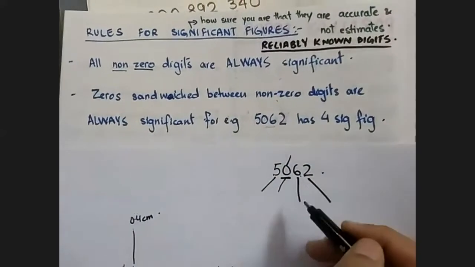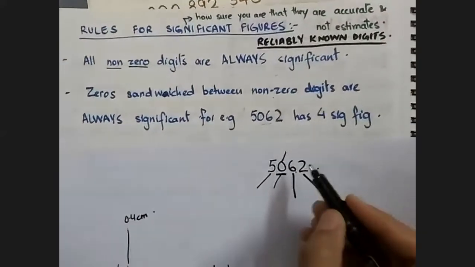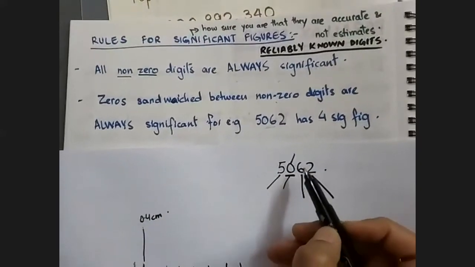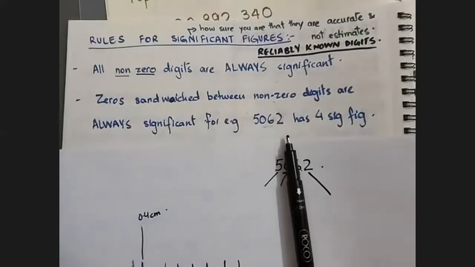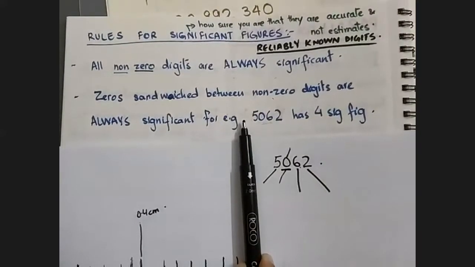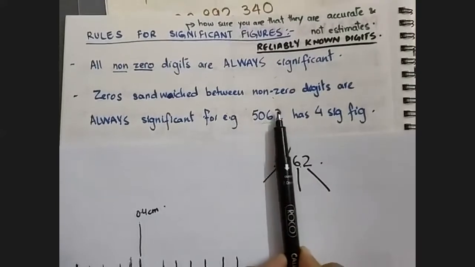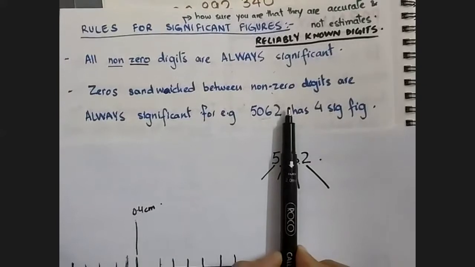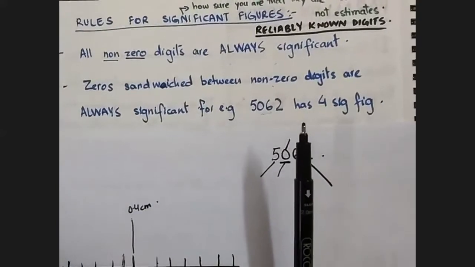Why? Because when we estimate, we don't estimate a 0 in the middle. Our estimations are either at the end or can be before the number, but never between the non-zero digits. We don't estimate the zeros in between the non-zero digits. So that will always be significant.